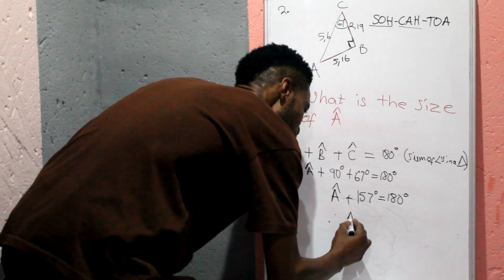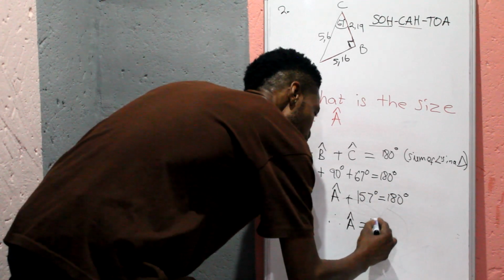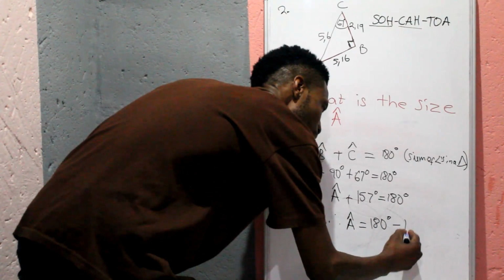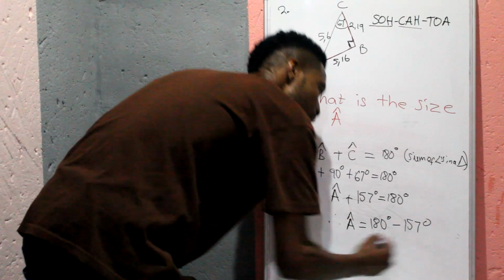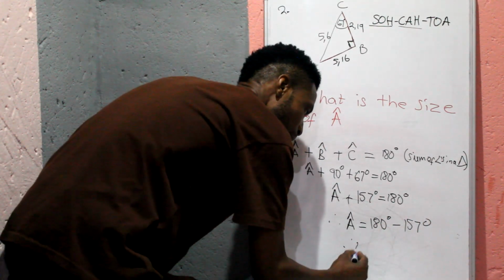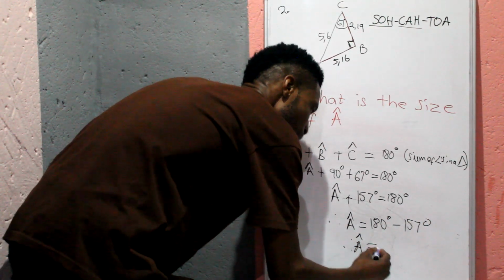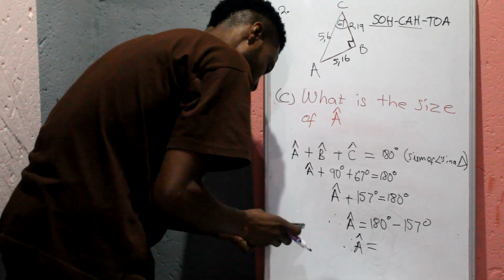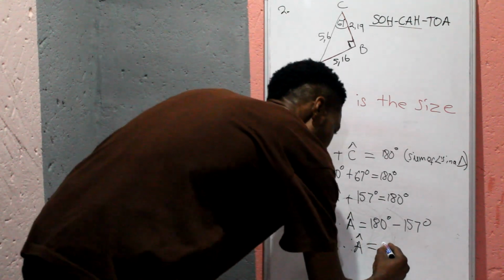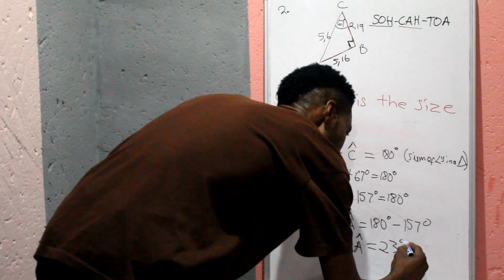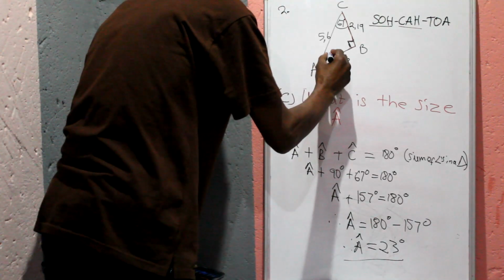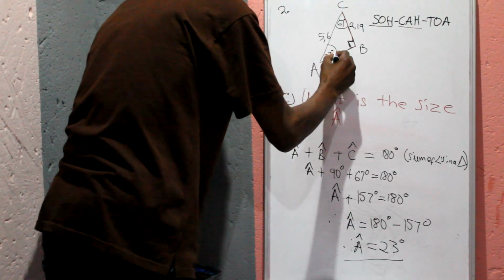Therefore, angle A will be equal to 180 degrees minus 157 degrees, and A will then be equal to 23 degrees. That will be your angle A, being 23 degrees.